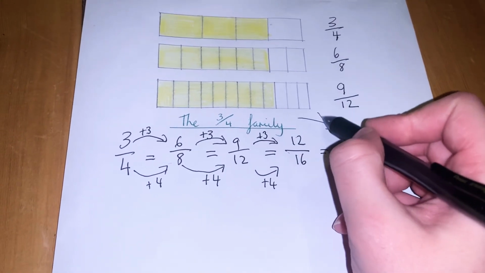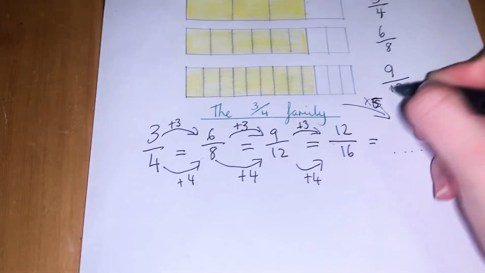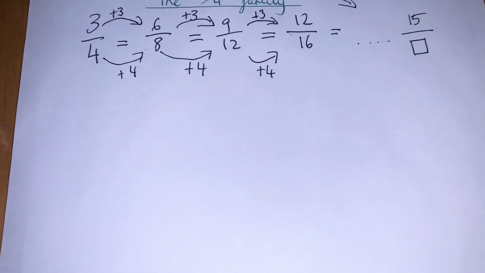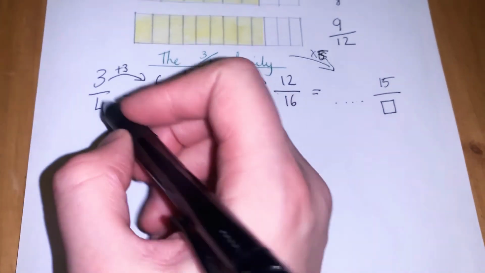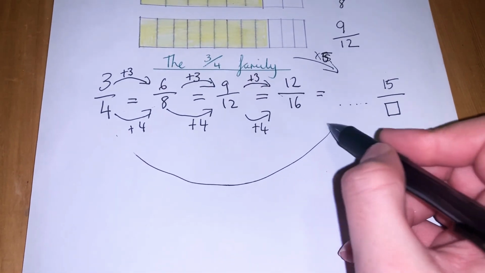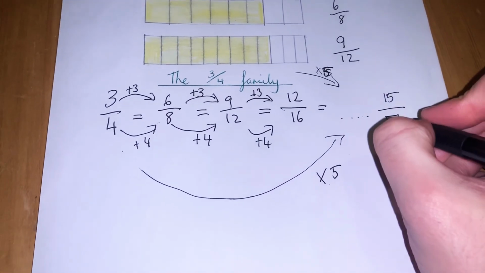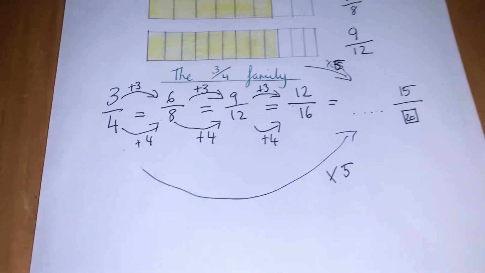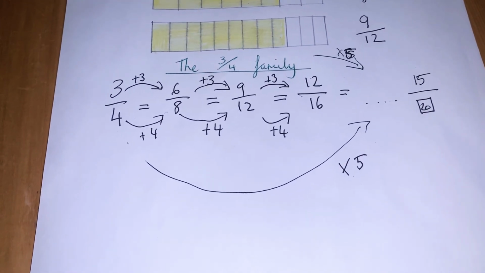Let's do that there because we don't have enough room. 3 times 5 gives me 15. So whatever I do to the top, I do to the bottom. So I'm also going to multiply 4 by 5. 4 by 5 is 20. So 15/20 is an equivalent fraction of 3/4.